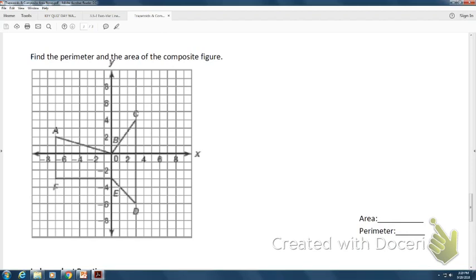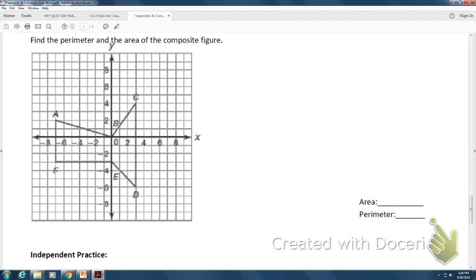Okay, find the area and the perimeter of this composite figure. What can we split this up into? 2 trapezoids. Okay, the fewest steps would be 2 trapezoids. So you would have 1 trapezoid, 2 trapezoids.